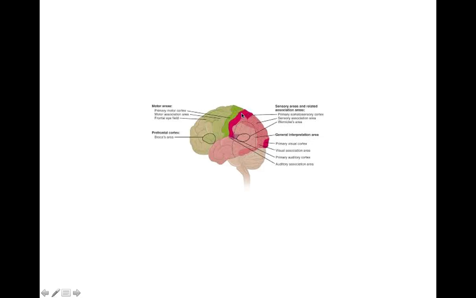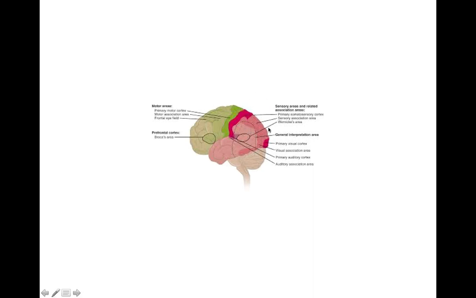Primary sensory cortex receives the signals of all modalities of the senses from the opposite half of the body, same as the primary motor area, which controls the motor movements, voluntary movements of the opposite half of the body.